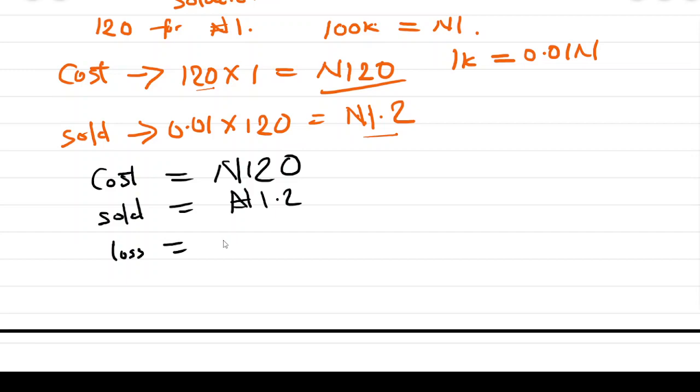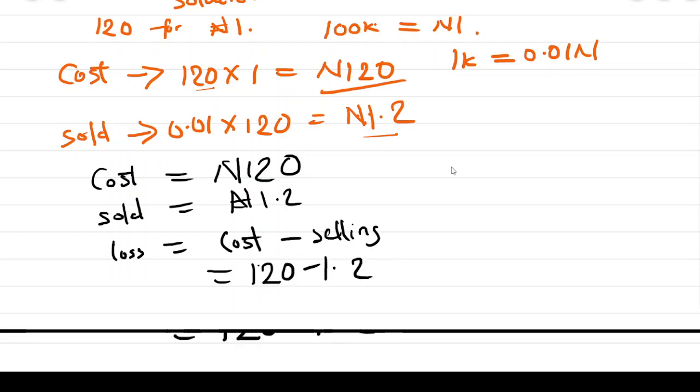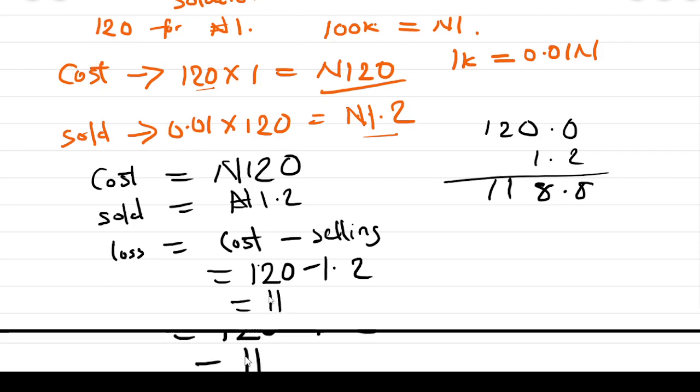The loss is the cost price minus the selling price. So this is 120 minus 1.2, which is 118.8 naira. That is your loss.